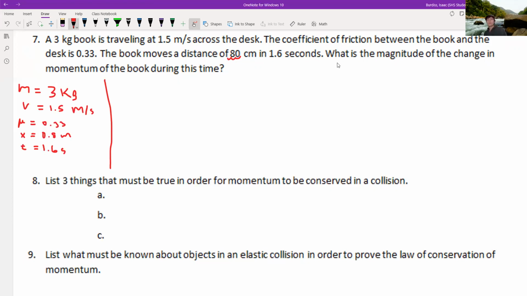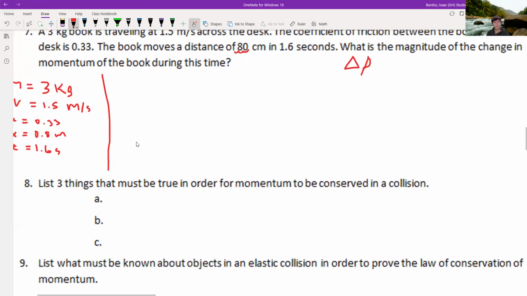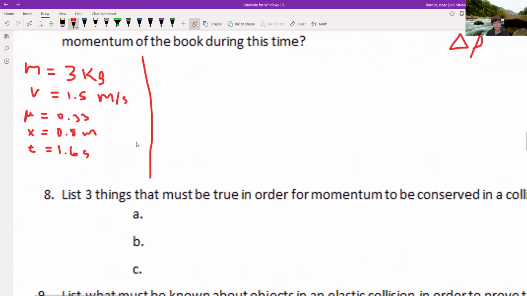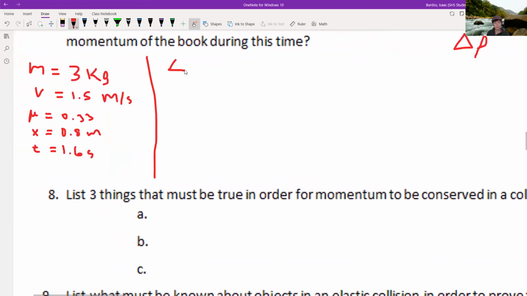What is the change in momentum? All right. Well, how do we find change in momentum in the first place? Change in momentum equals mass times change in velocity. In other words, it is mass times final velocity minus initial velocity.